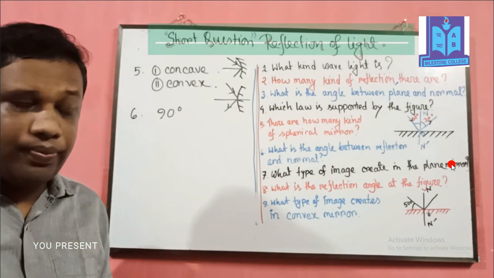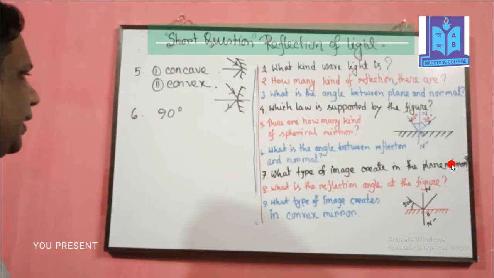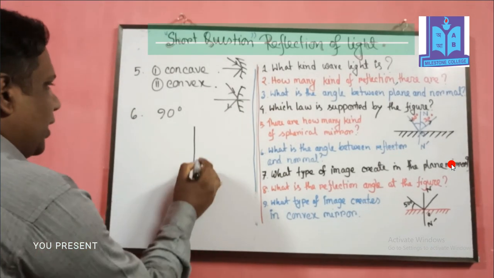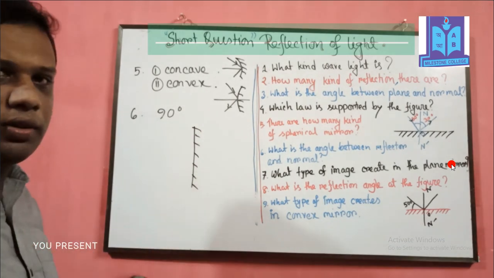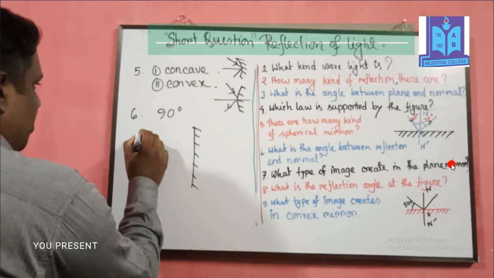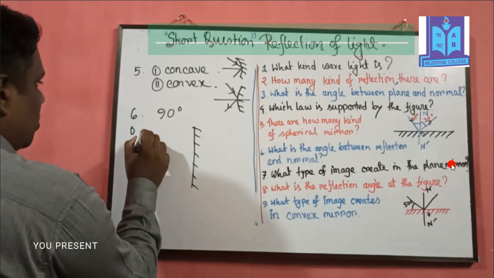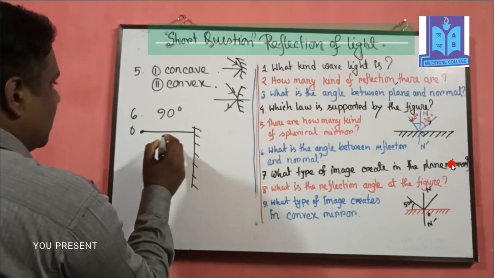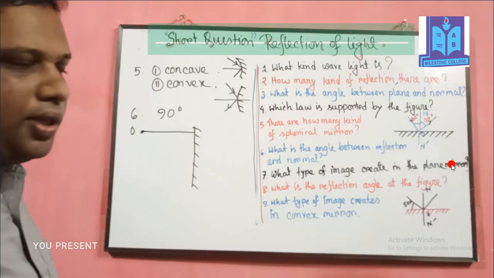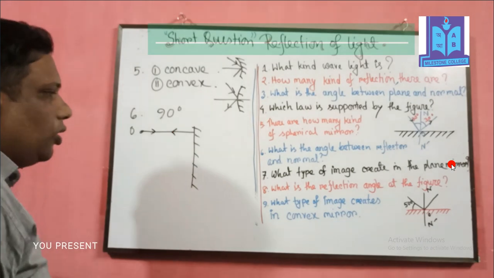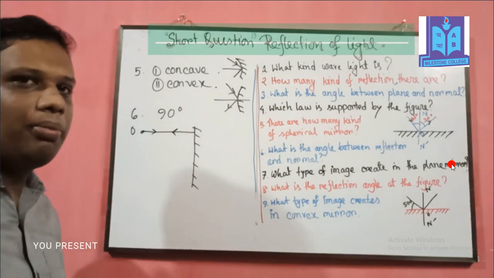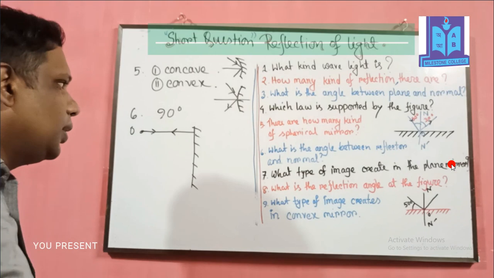Now my dear students, what type of image is created in the plane mirror? For a plane mirror, suppose from object O the light ray is incident perpendicularly at the plane mirror, then after reflection it just turns back at 90 degrees.